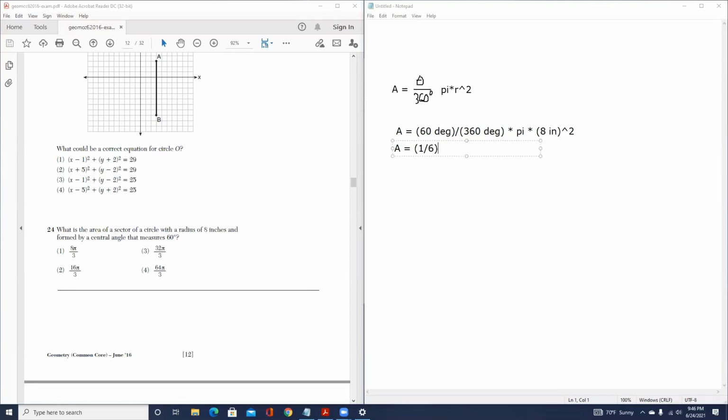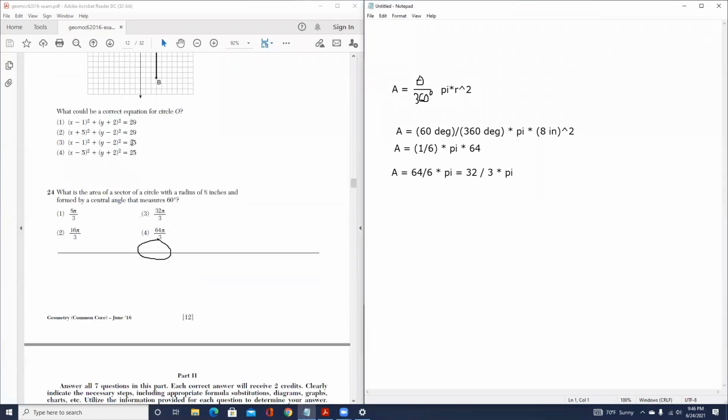Which simplifies to 1/6 times pi times 64. A is equal to 64 over 6 times pi, which is equal to 32 over 3 times pi. And in this case, we will get choice 3 as the area of the sector of the circle.